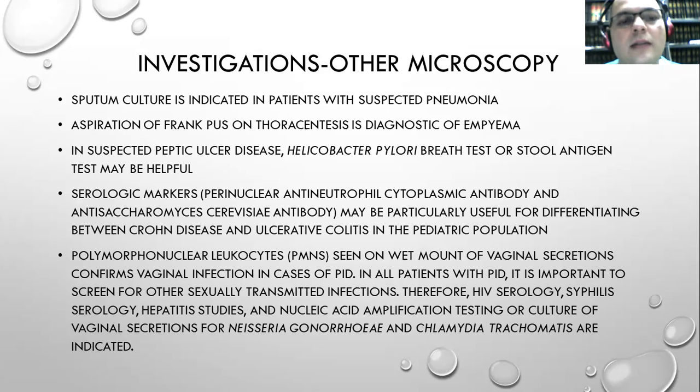Serological markers like the perinuclear antineutrophil cytoplasmic antibody, that is PANCA, and anti-Saccharomyces cerevisiae antibody, that is ASCA, may be particularly useful for differentiating between Crohn's disease and ulcerative colitis in the pediatric population. Crohn's disease and ulcerative colitis are not that common in the pediatric population. If you get a positive history and findings similar to Crohn's disease or ulcerative colitis, only then we can go for PANCA and ASCA.